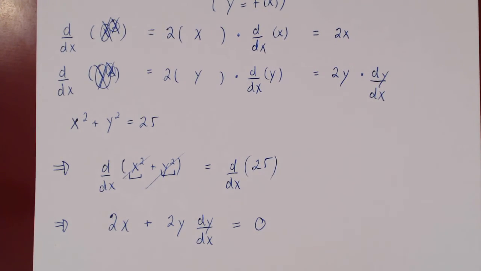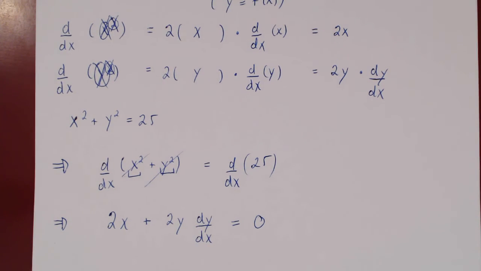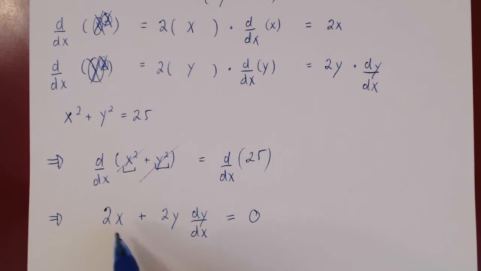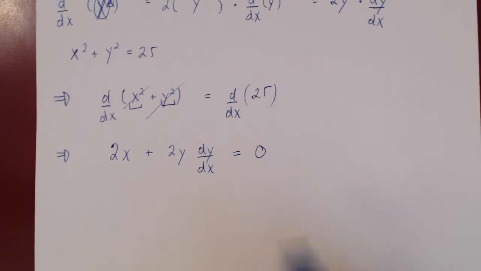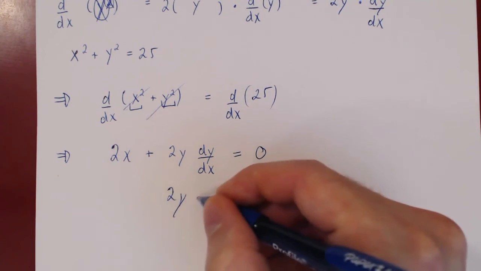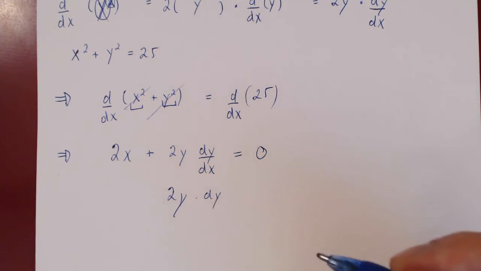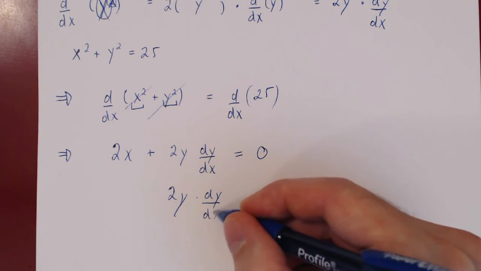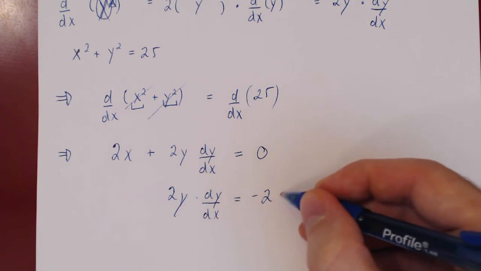And now look at what we have. We have an equality where we know everything. We know x, we know y, and we are trying to solve for dy over dx. dy over dx is the unknown. Well, we can easily solve for dy over dx with our equality. Subtract 2x from both sides. You'll have that 2y times dy over dx is negative 2x.